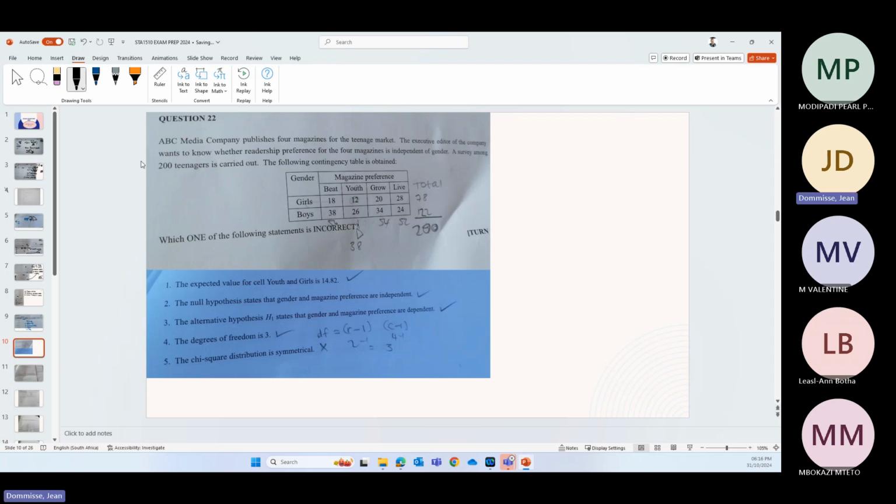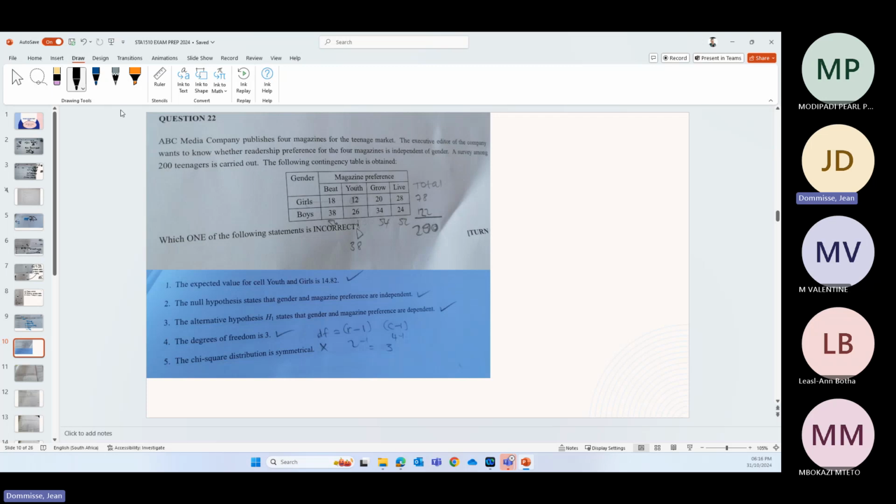Okay, so they tell us there is this magazine being published. The executive editor of a company wants to know whether readership preferences for the four magazines, Beat, Youth, Grow, and the other, are independent of gender. A survey amongst 200 teenagers is carried out. The following contingency table is obtained.